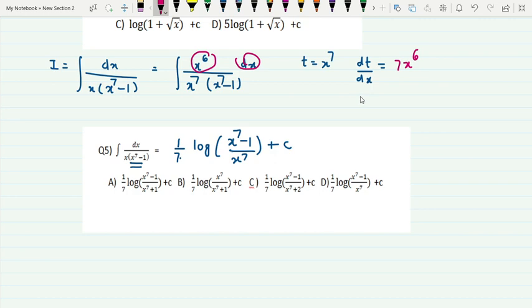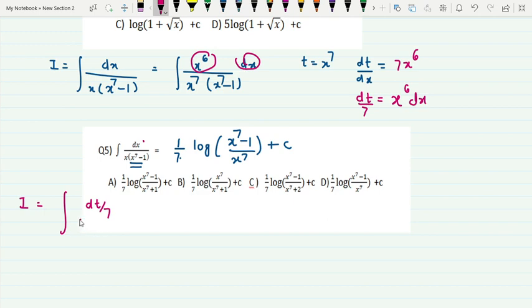So this is dt upon 7 is equal to x raised to power 6 into dx. This means dt upon 7 is equal to x raised to power 6 dx. So our integral I will be equal to integral dt upon 7.